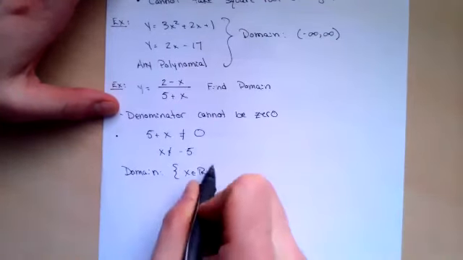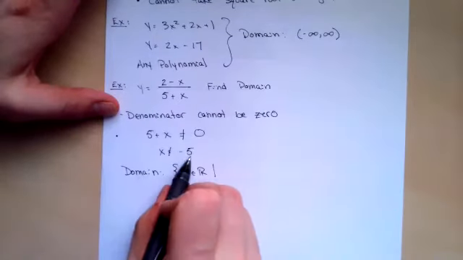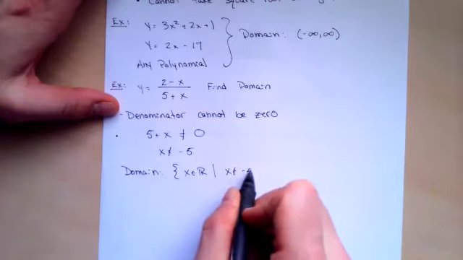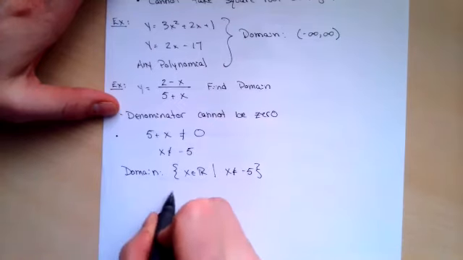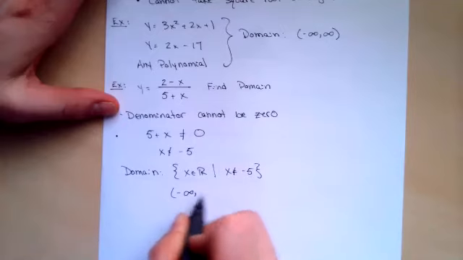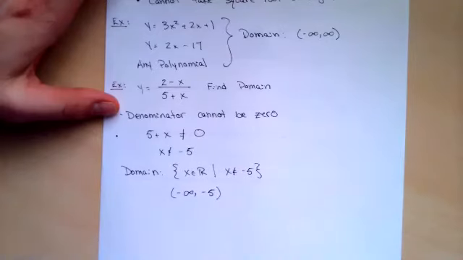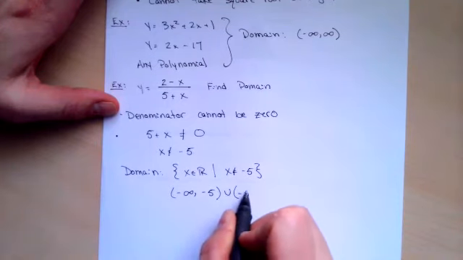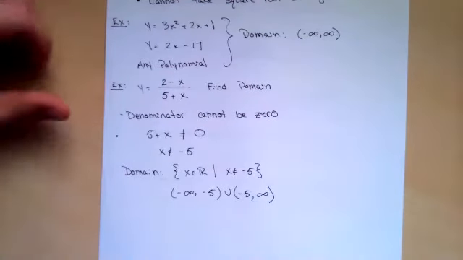It's usually just all x in R such that, and what is our property? x cannot be negative 5. In interval notation, we've got minus infinity up to negative 5, not including negative 5, but then immediately after negative 5 and all the way up to infinity, we can include.